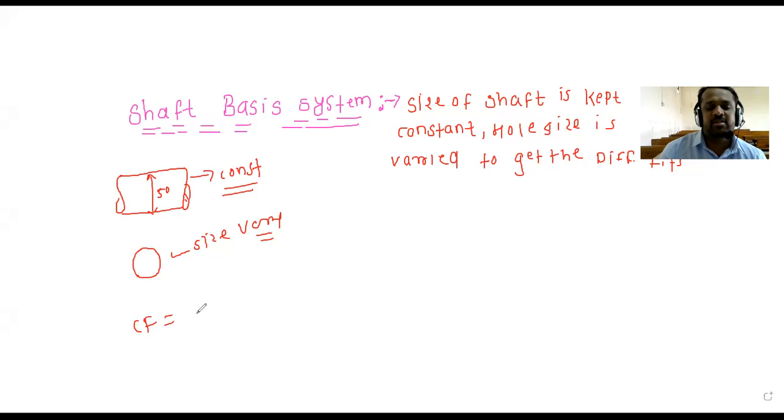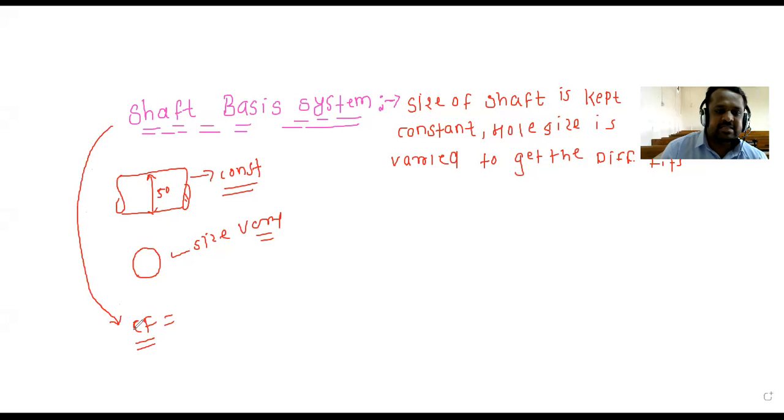What is the condition for that? Whether we have to vary the size of shaft or the size of hole? Suppose we have to achieve the clearance fit in the shaft basis system. What is the clearance fit?